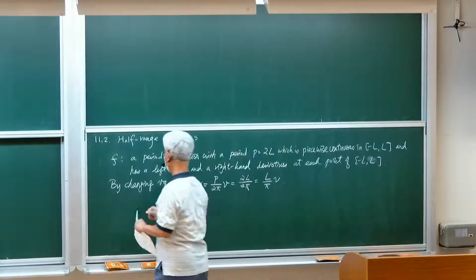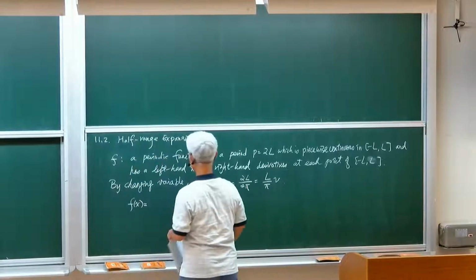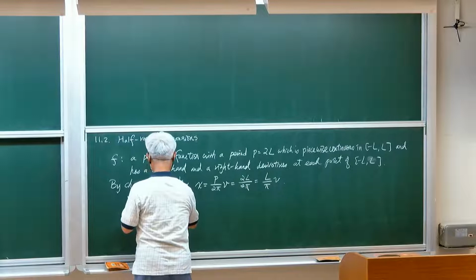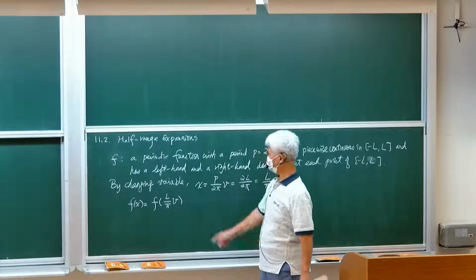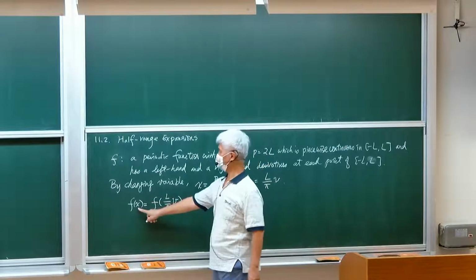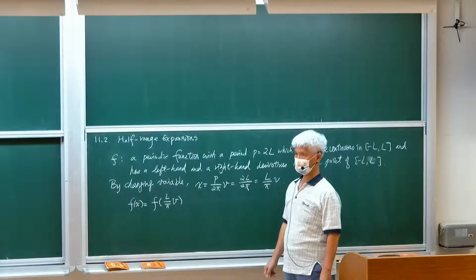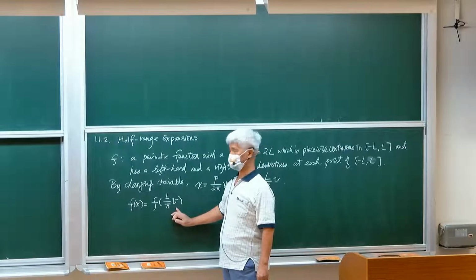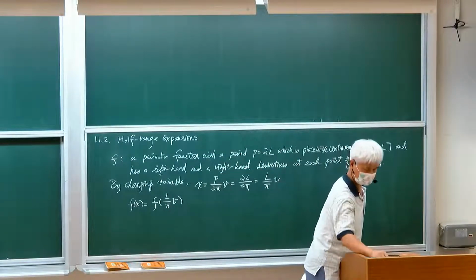Okay, so that f of x, the original function, by using change of variables, the original function, a function of x, becomes a function of v. So this is the function of v here. All right, so you can think about that.